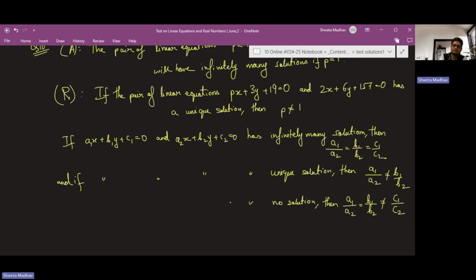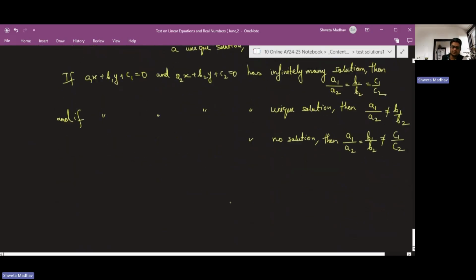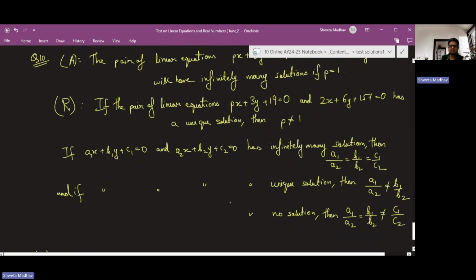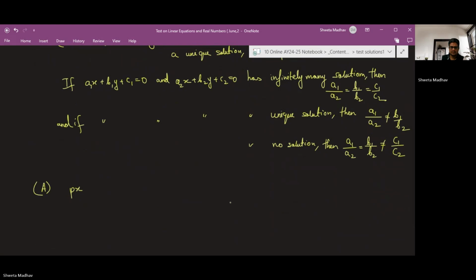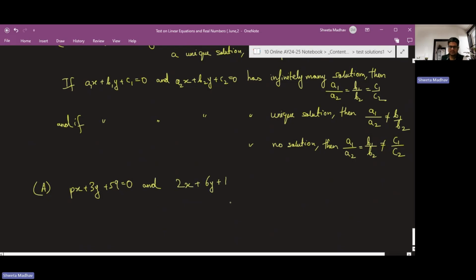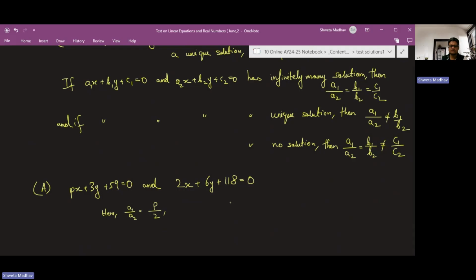Here, the equations in assertion A are given as Px plus 3y plus 59 equal to 0 and 2x plus 6y plus 118 equal to 0. Now you can see a1 by a2 is equal to P by 2, since the coefficient of x in equation 1 is P and in equation 2 is 2.